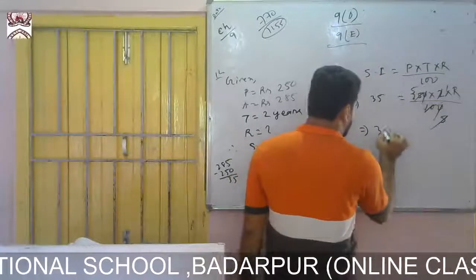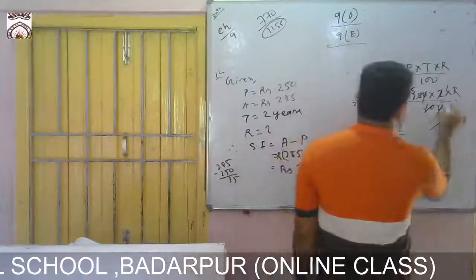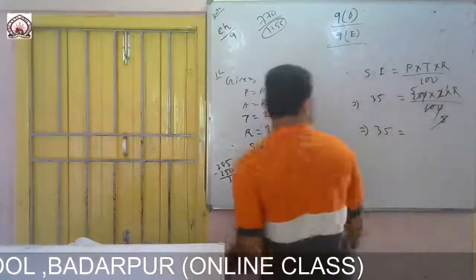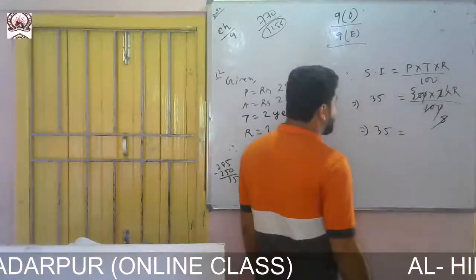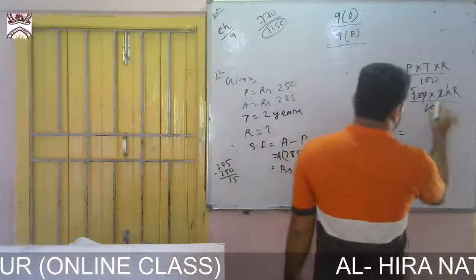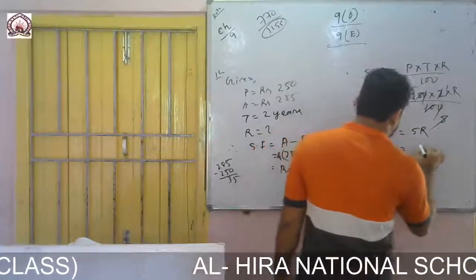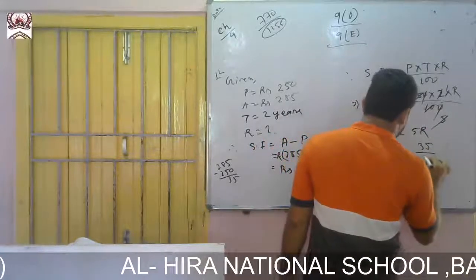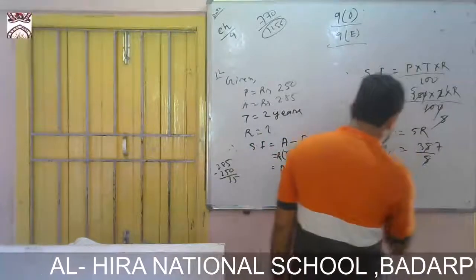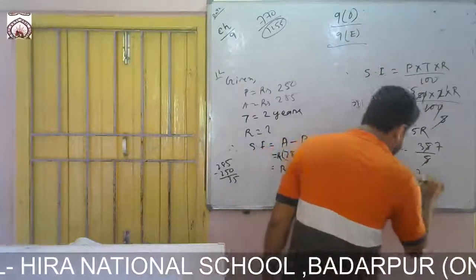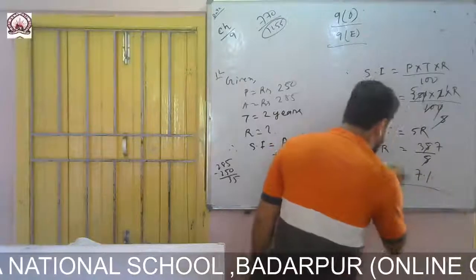So here 5 5s are 25, so it is 5R. So R will be 35 by 5. 5 7s are 35. So the rate of interest will be 7%, and that is the required answer.